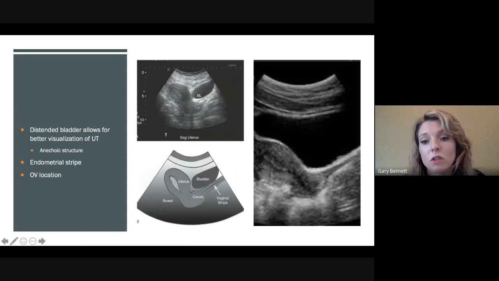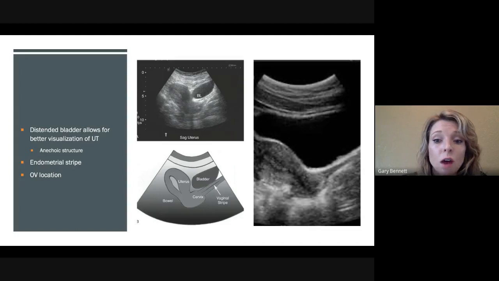And then we have this image on the right, same thing again, that nice anechoic bladder. You can see it's causing the uterus to stretch out as the fundus is distended down because the bladder is full. So that's just something to remember, if you're doing a transabdominal ultrasound, especially if you don't have the capability to do that internal portion, to make sure the patient has a nice full bladder, as it's going to lengthen out your uterus and allow you to visualize it much better.